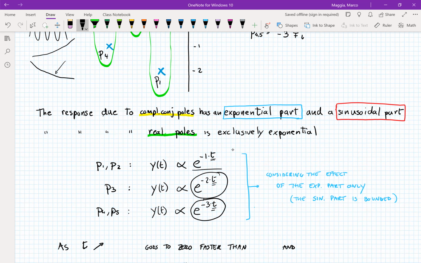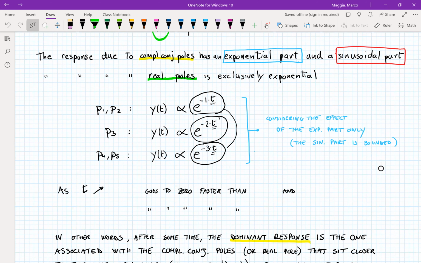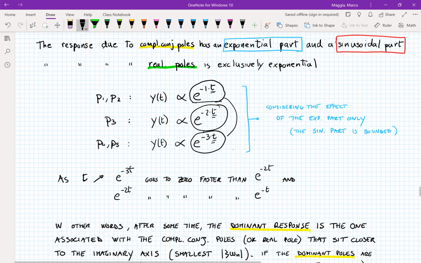Here, you can also look at it the other way. As the time increases, e to the power of -3t goes to 0 faster than e to the power of -2t. And e to the power of -2t goes to 0 faster than e to the power of -t.